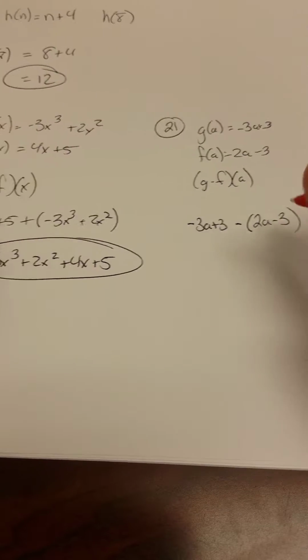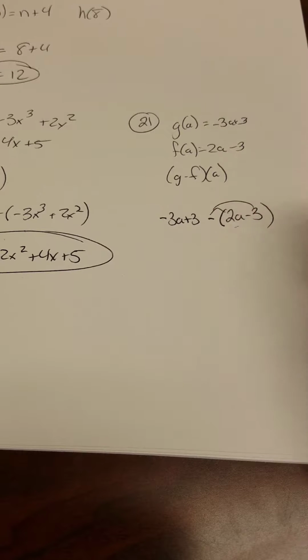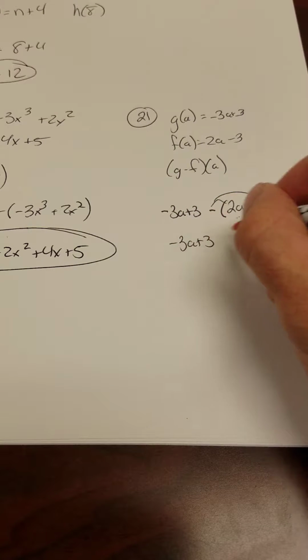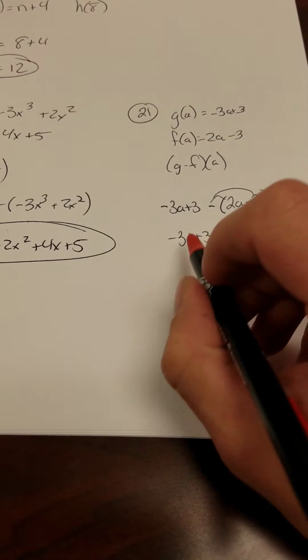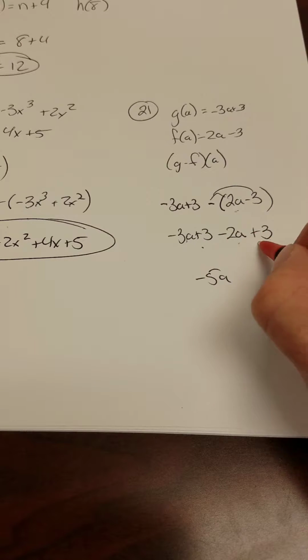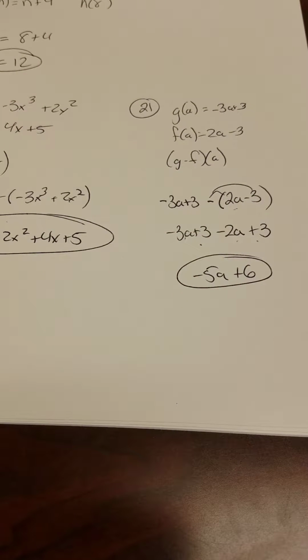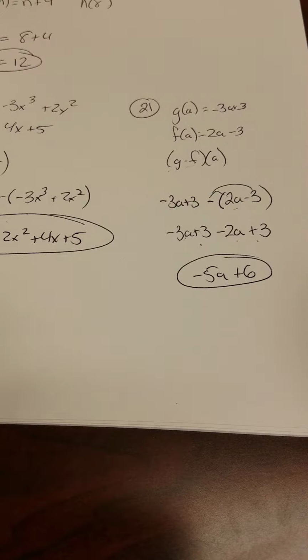That parentheses is going to be important. I used it over here. Use it over here. Distribute the negative. Negative 3a plus 3 minus 2a plus 3. Combine like terms. Negative 3a, negative 2a, it's negative 5a. 3 plus 3, 6. Okay, so look on the inside of the parentheses. It will tell you what you're trying to find every time.